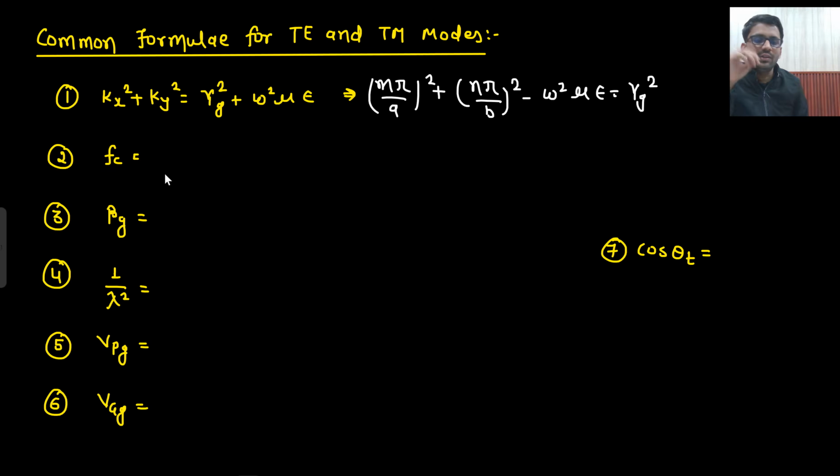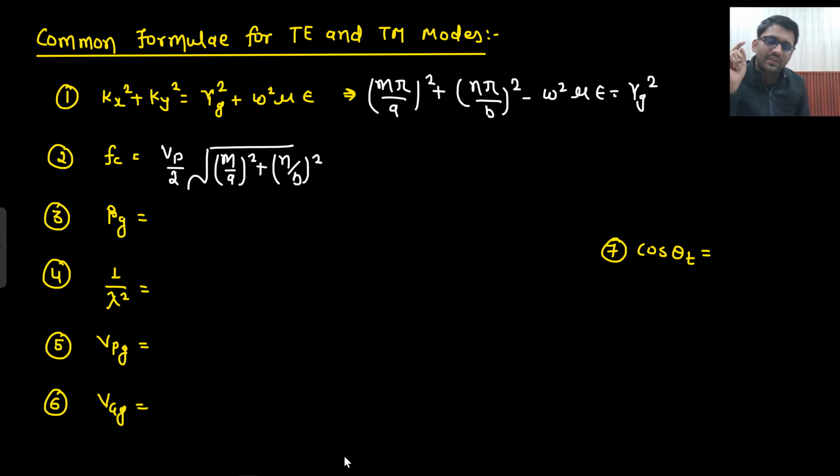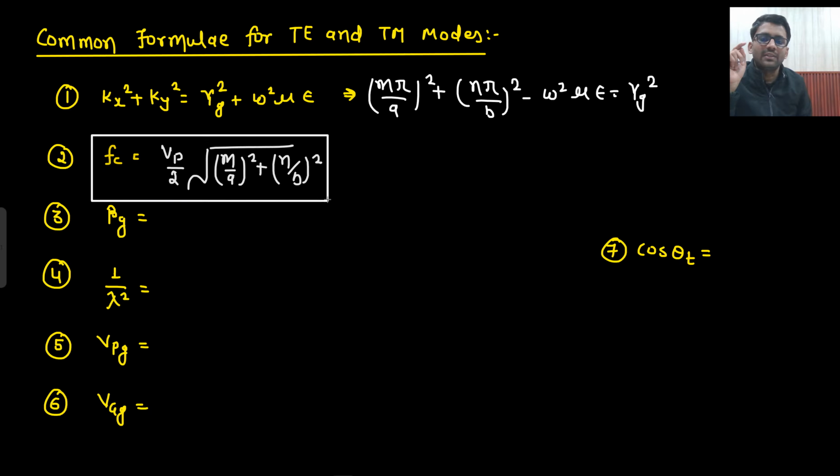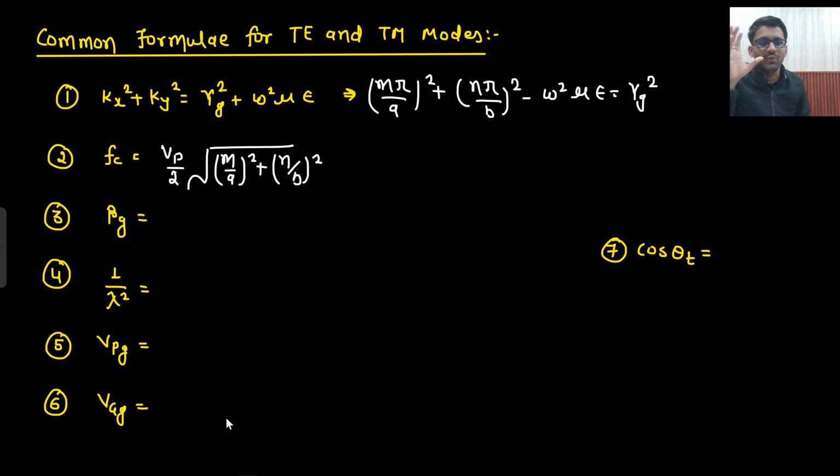If they are asking cutoff frequency, then what is the formula? Vp by 2 under root (m by a) whole square plus (n by b) whole square. Certainly from here you can write down the value of lambda c as well, so that we don't need to remember. So here I am writing down all the formulas which you need to keep in mind. From fc you can write down lambda c as well.